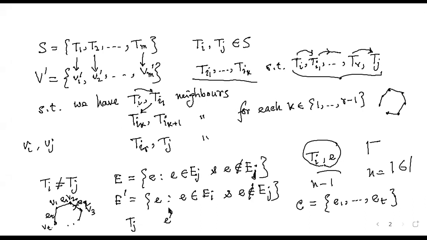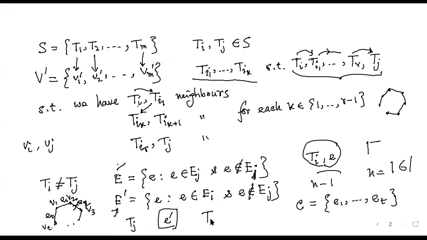So what we do is we remove this edge E prime, which is not in Tj. So we still have a connected graph which has one edge missing from this set and one edge added in from this set.